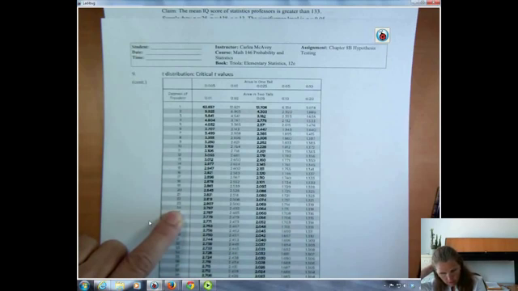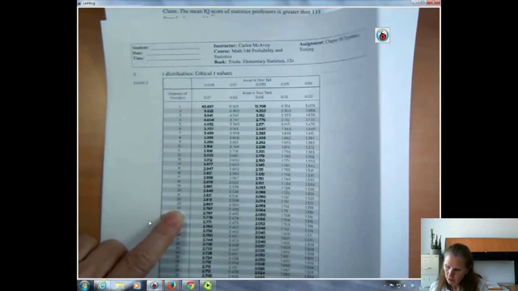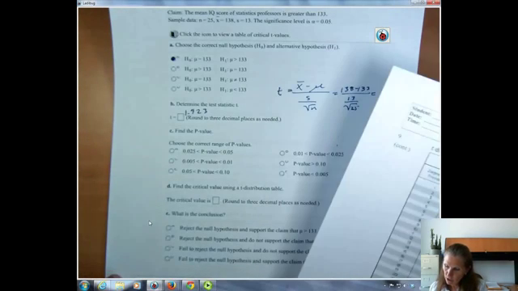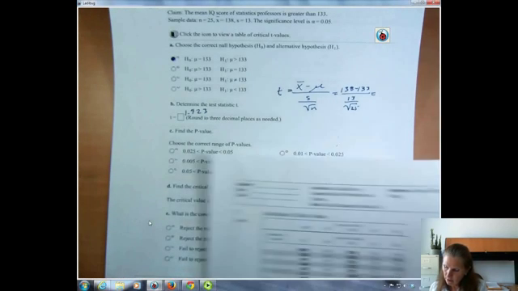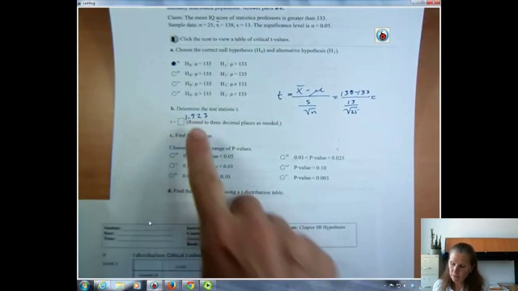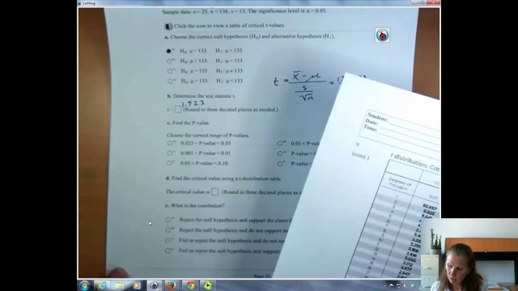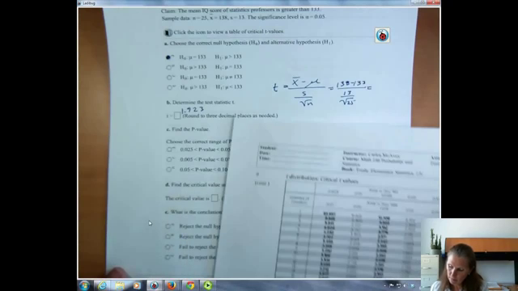Oh wait, we're not trying to find critical value. We're trying to find p-value. Yep, okay. So we know our t is 1.923. Sorry, I was leading you down the critical value, which is the next piece.